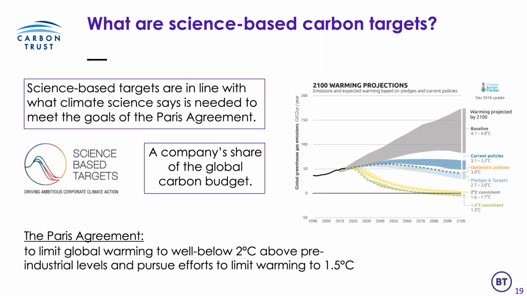So another way of looking at it is, for a company, what is its share of the global carbon budget. The principle is very simple, and that's really why the whole concept in the last few years has got a lot of interest and attention, because it very simply says, as a company, I am doing my part with what is needed for the world to be on track to meet the Paris goals.